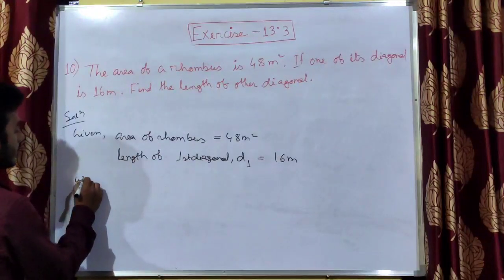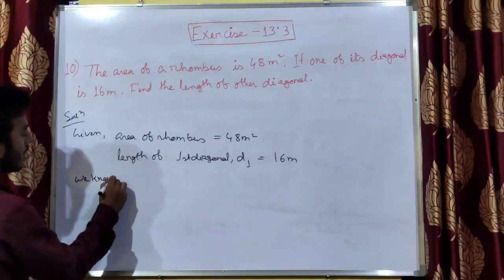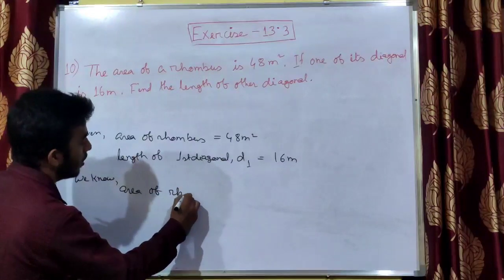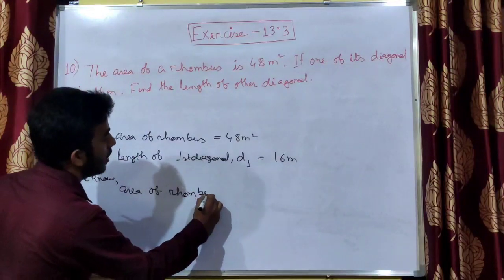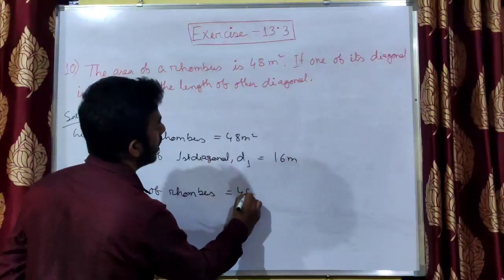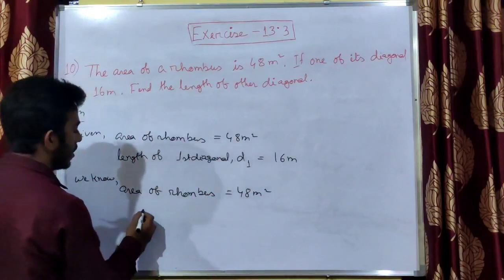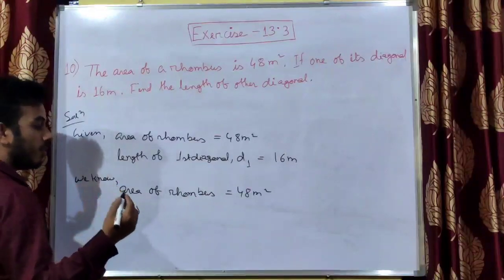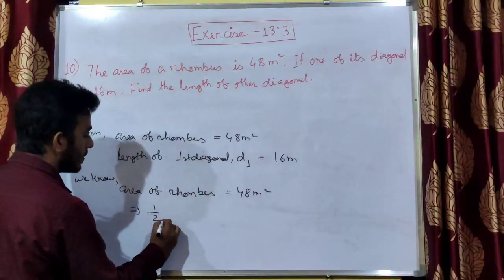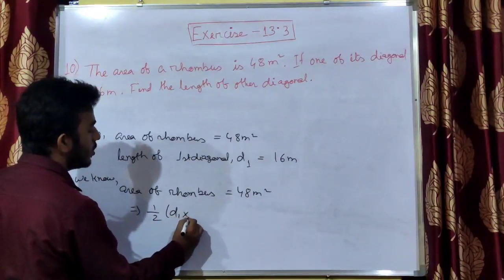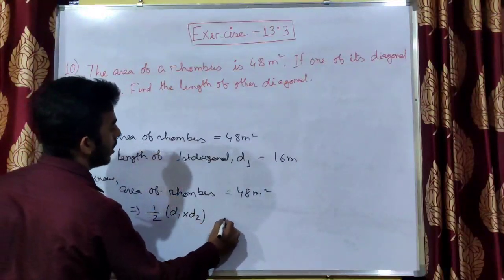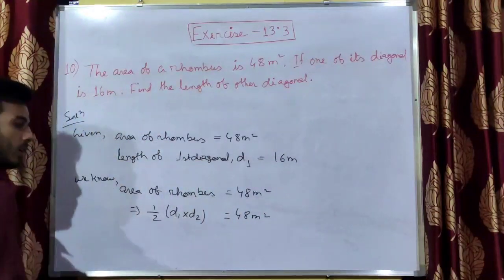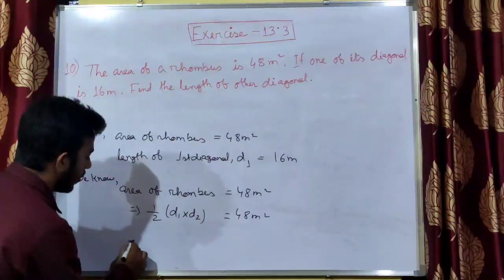So how will you find? We know area of rhombus equals 48 meter square. When we have diagonal, we know how we will find the area of rhombus, that is half of diagonal 1 into diagonal 2 equals 48 meter square, right? Now in place of D1, what we will write?